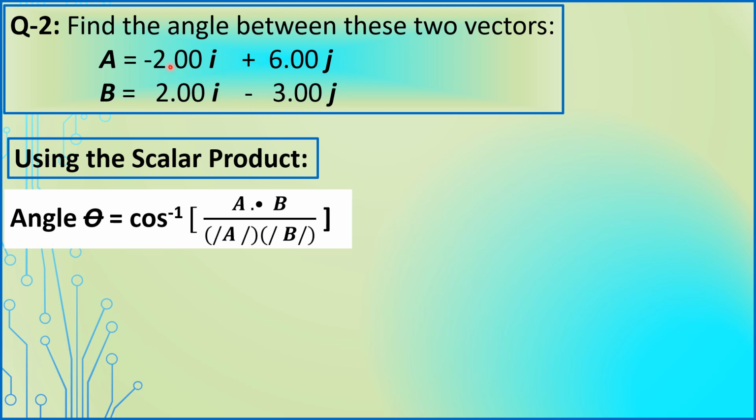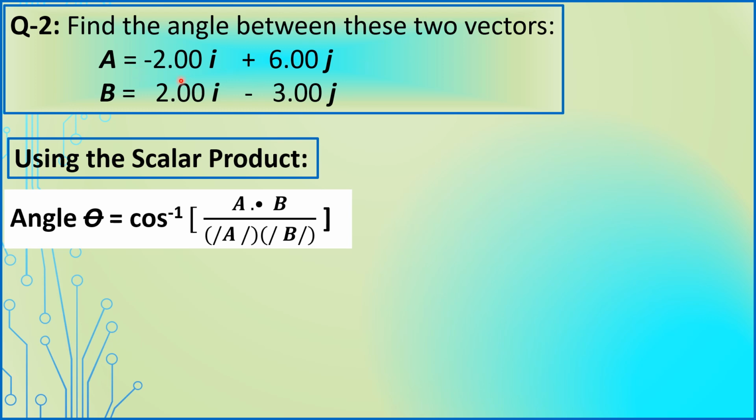The unit vector i, whose value, as a matter of fact, is equal to 1, and the unit vector j, similarly, its equivalent is also equal to 1.